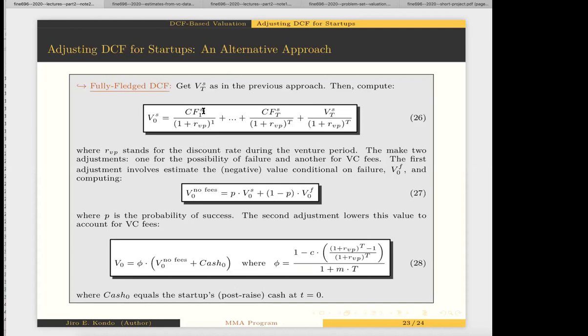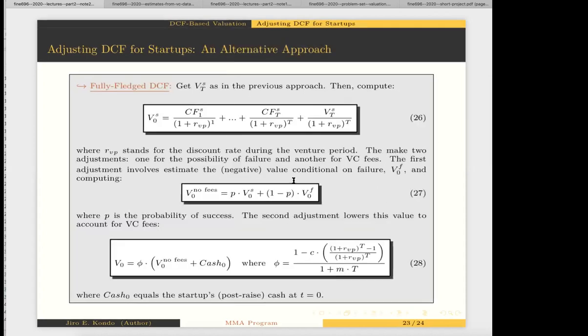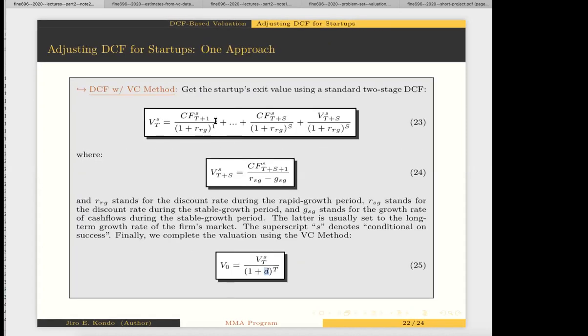But in trying to be more rigorous, you need to make a lot more assumptions, and as a result, it can be more difficult to implement in practice. But if you can implement this well, it's likely to give you a more accurate valuation than this approach. But I would say in practice, this approach is used more often for valuing startups than this one, primarily because of its greater ease and simplicity of use.